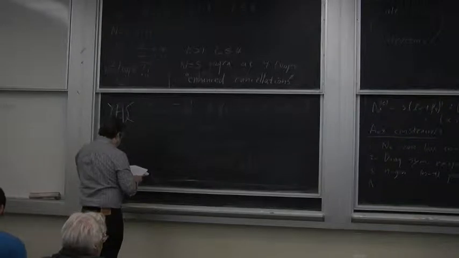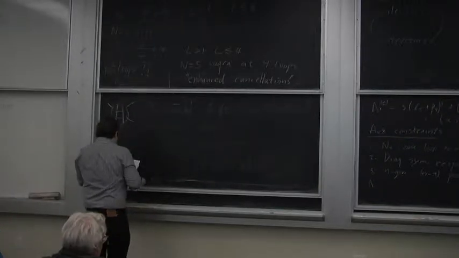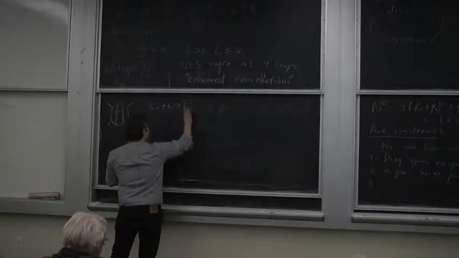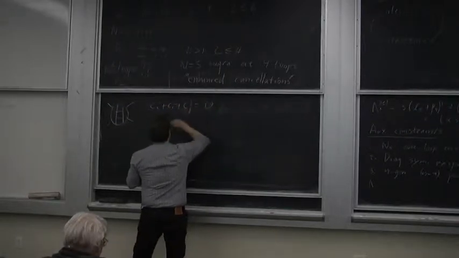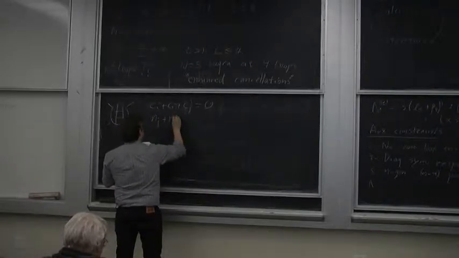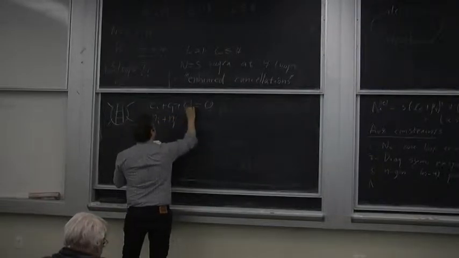is we're going to look at the dual Jacobi identities. Okay. So that's IJK. IJK.